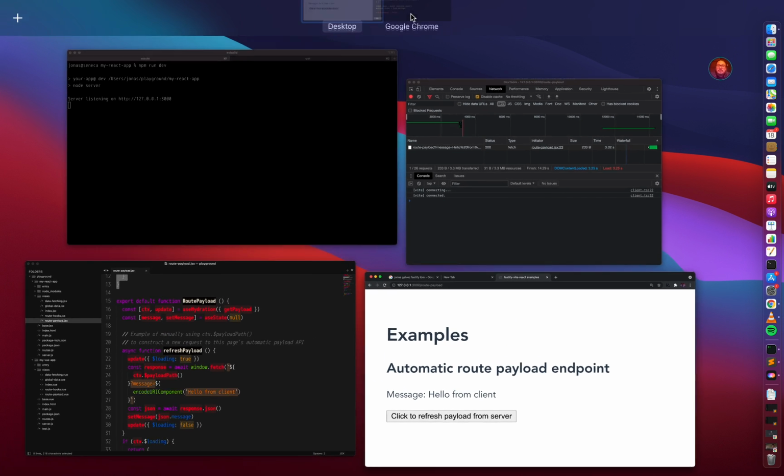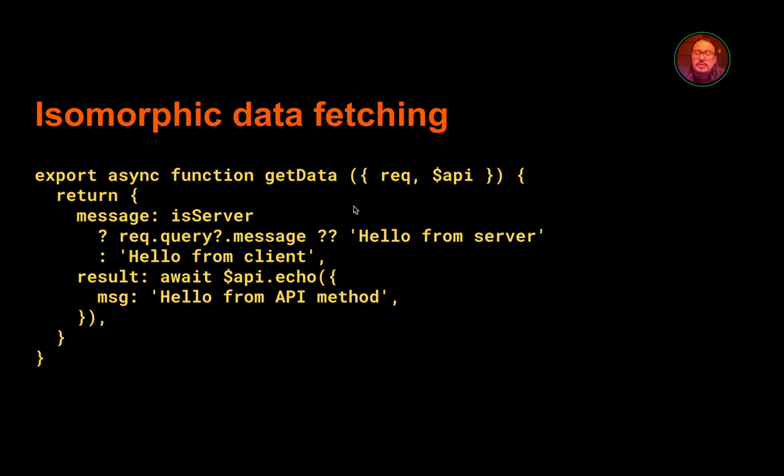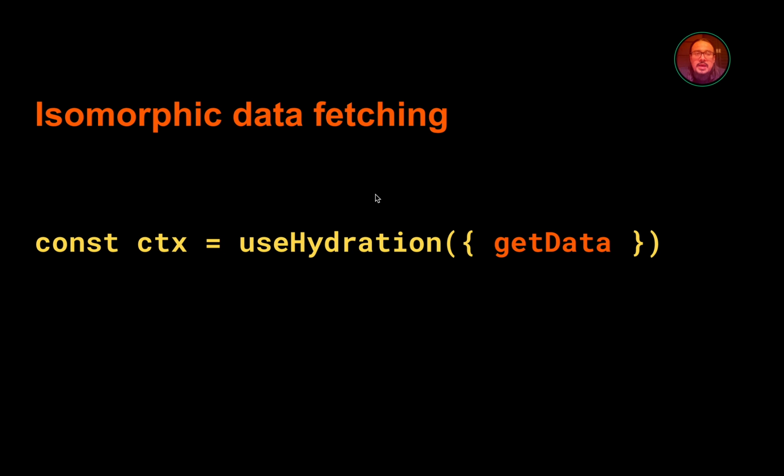So going back to our presentation, the other feature that this release introduces is isomorphic data fetching. If you export a get data function from your view components, differently from get payload, this function can actually run both on the client and the server. So this is where the tight integration to API comes from, because if you use Fastify API, which is part of the boilerplate, then your API methods are going to be available on the server and on the client.